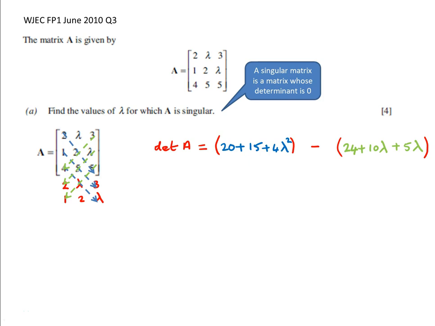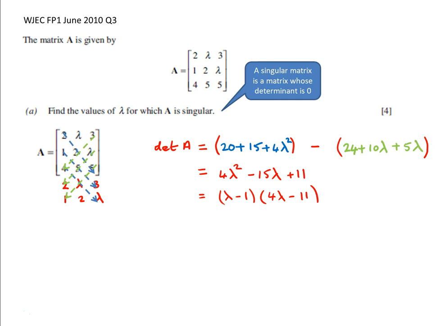We can tidy this up now as 4 lambda squared minus 15 lambda plus 11, and factorise that as (lambda minus 1)(4 lambda minus 11). Now, we're wanting to find the values of lambda for which A is singular.